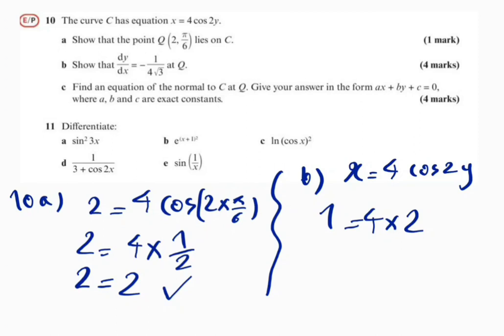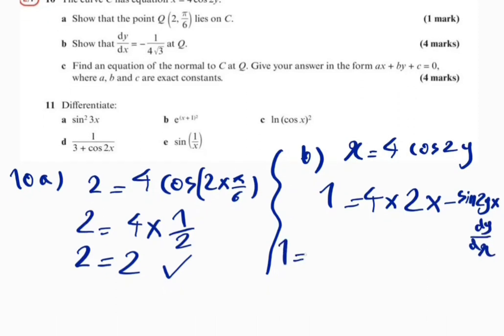And cos differentiates to minus sine, so because this is cos 2y, we will have minus sine 2y. And now it's better to include the dy by dx term. We can now simplify this: we are going to have minus 8 sine 2y dy by dx.